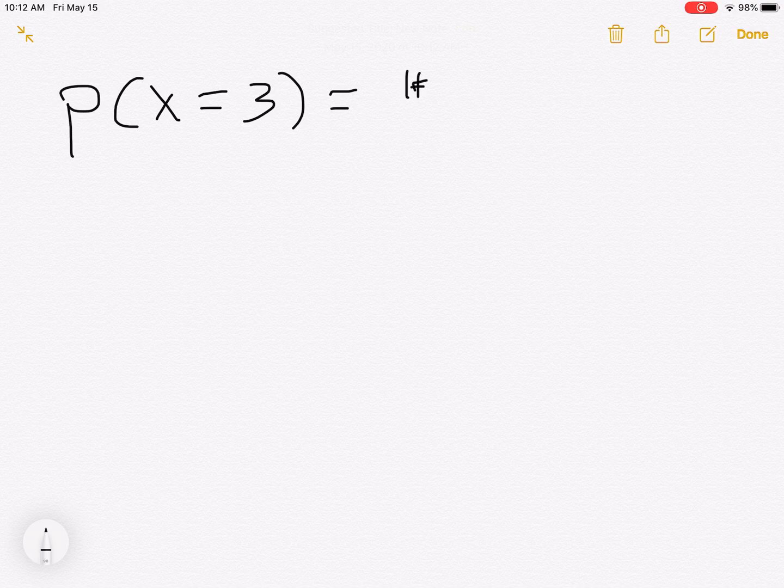So here I'm asking us to calculate probability x equals 3. Well, I think if we go back to chapter 1, probability is the number of ways to select 3 with the disease.